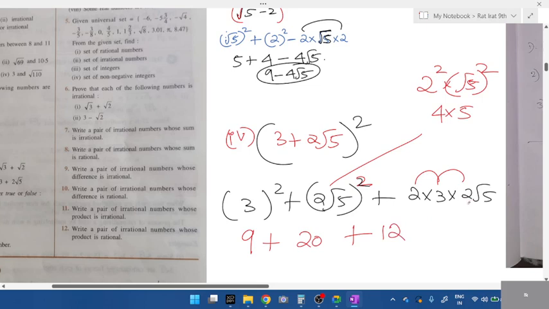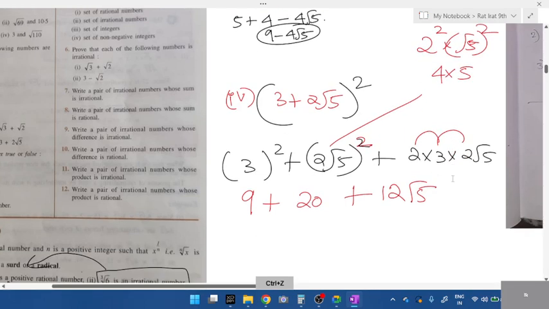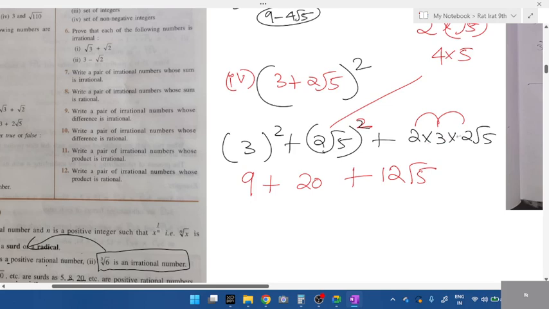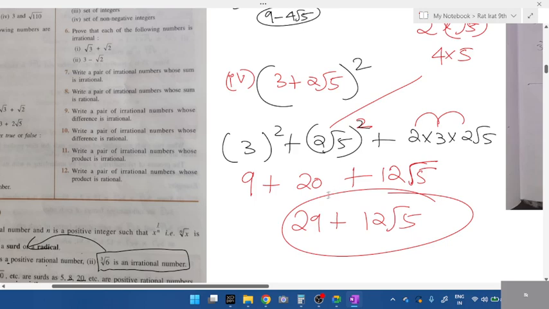Jovin, even this you have to add. Only root 5 is the unlike term. If you're adding 6, what did you do to it? You just erased it. You can't erase that. 2 times 3 sticks to the root 5. 9 plus 20 is how much? 29 plus 12 root 5.